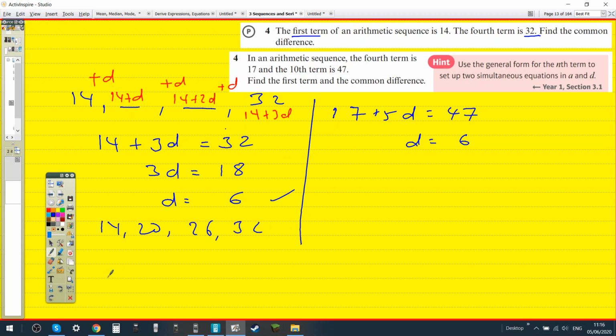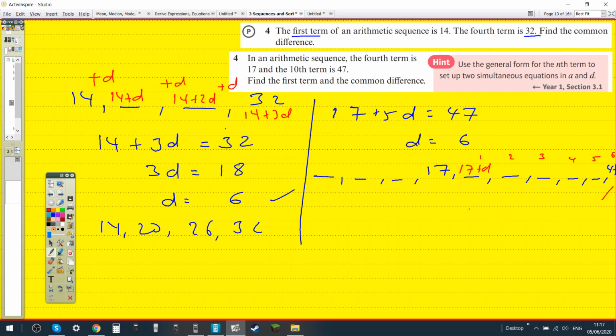Why is that? Let's see: the fourth term is 17, then 5, 6, 7, 8, 9, and then 47. So you have 17 plus D, 1, 2, 3, 4, 5, 6.